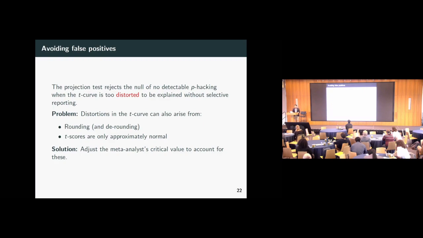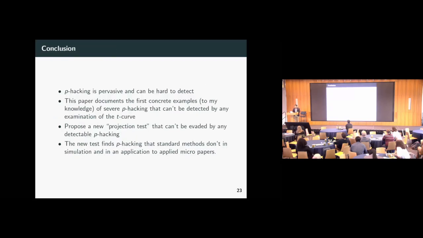And the answer, once again, is we can adjust the critical value of the projection test to account for rounding and derounding as well. So what I'm saying is that the distortions that we observe in the RCT and DID t-curves cannot be explained by resorting to rounding and derounding or to the fact that t-scores are really distributed t and not normally. Okay? So let's wrap up.